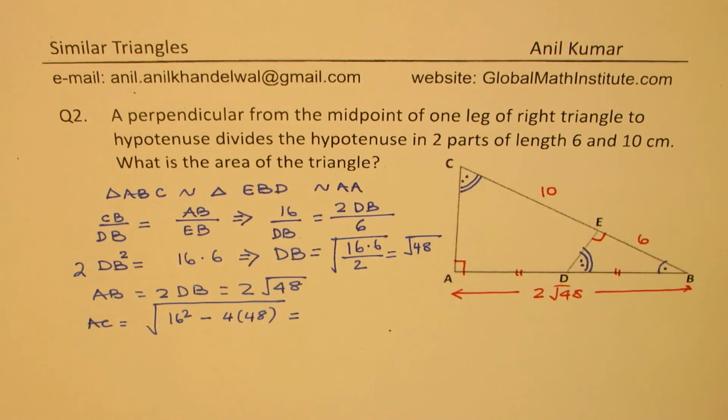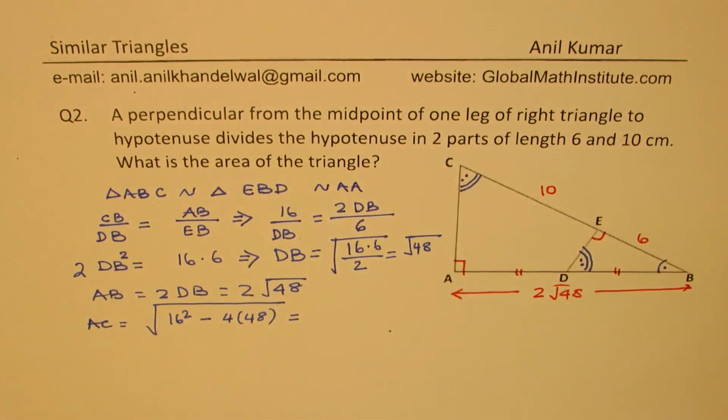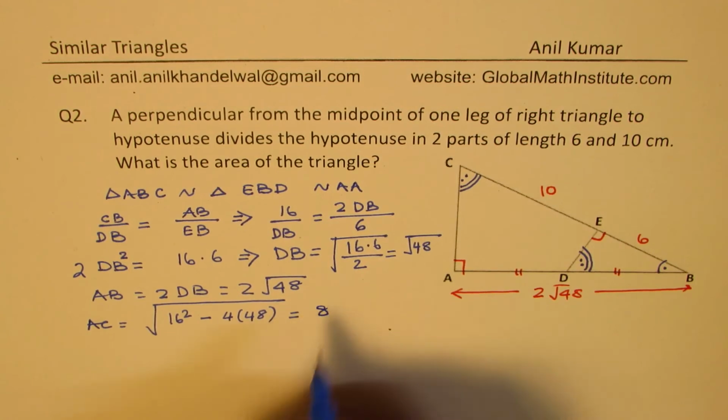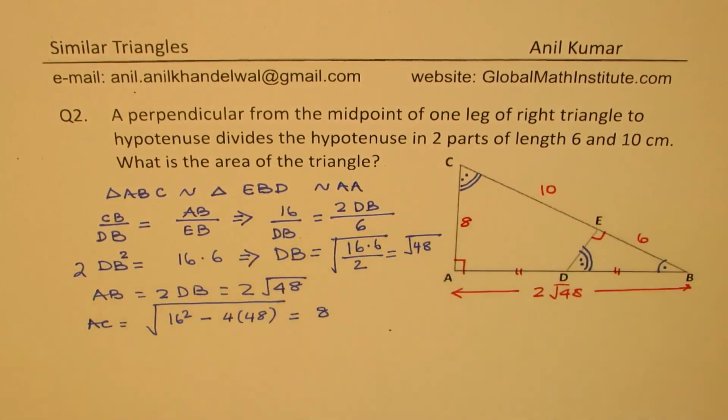So that's what it is. You can use a calculator to solve this. Let's do it. So we have 16 square minus 4 times 48. 64, square root of 64 is 8, so we get 8. So this side works out 8 for us, right?